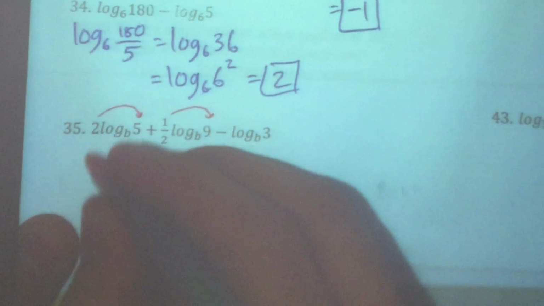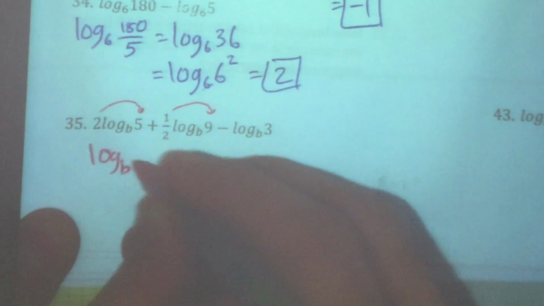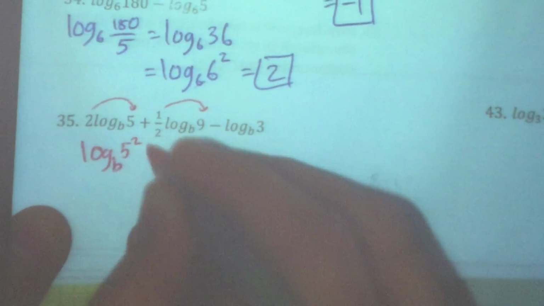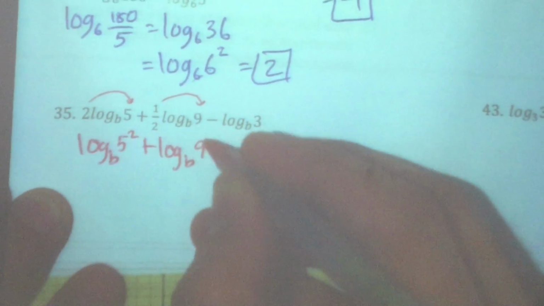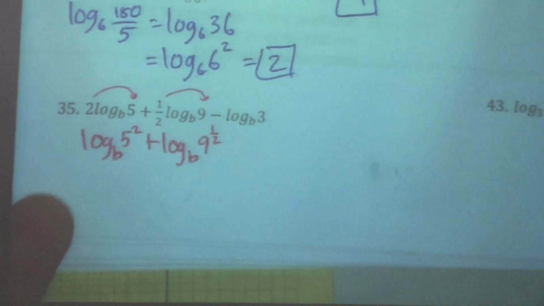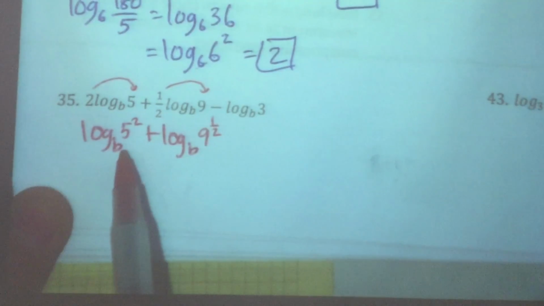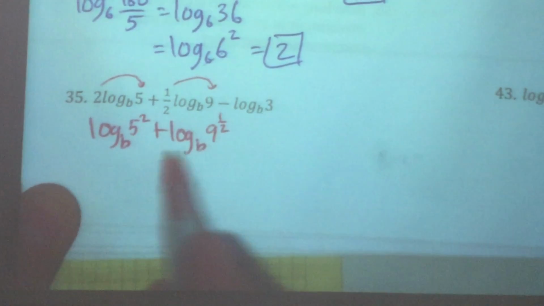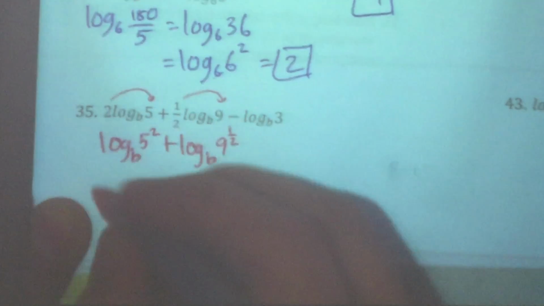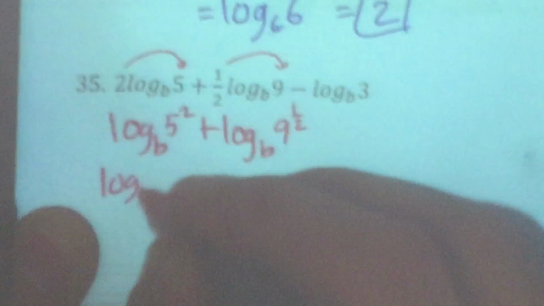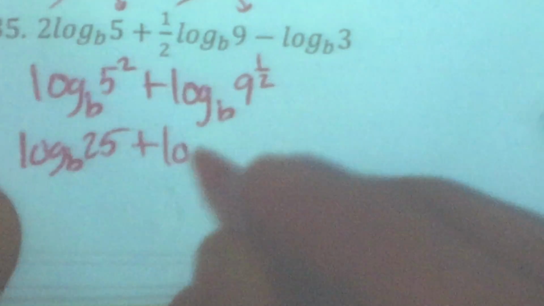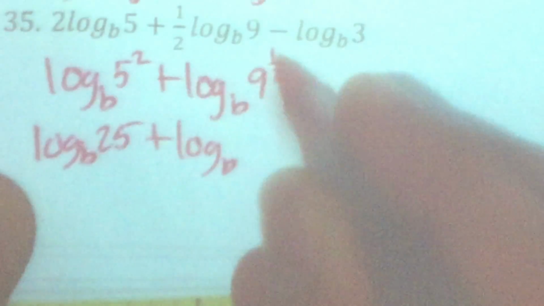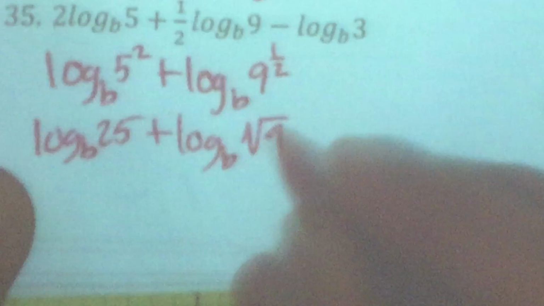So this is going to be log base b of 5 squared plus log base b of 9 to the 1/2 power. Log base b of 5 squared, which is 25, plus log base b of radical 9. This is log base b of 25 plus log base b of 9 to the 1/2, which just means square root of 9.